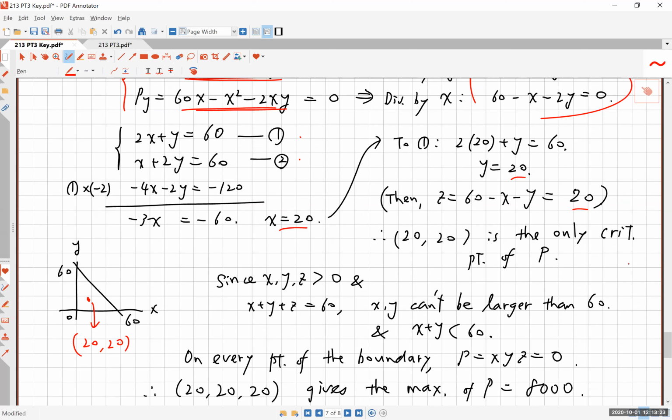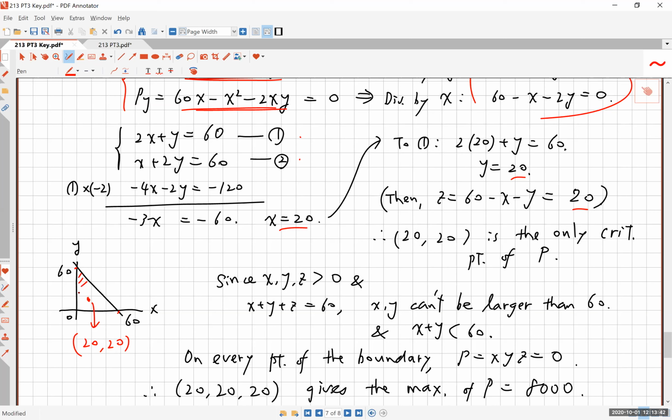And by the way, there's no explicit domain here, but x, y, z have to be positive. If they have to add up to 60, the highest each one can be is 60. In fact, x can't be bigger than 60, and x plus y can't be bigger than 60.